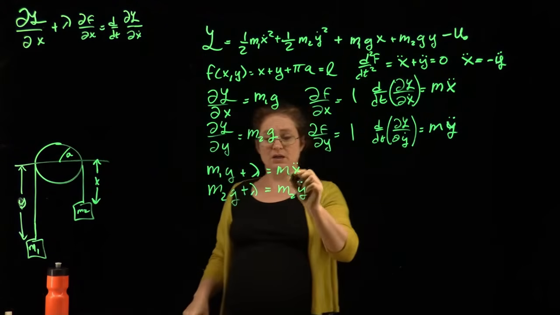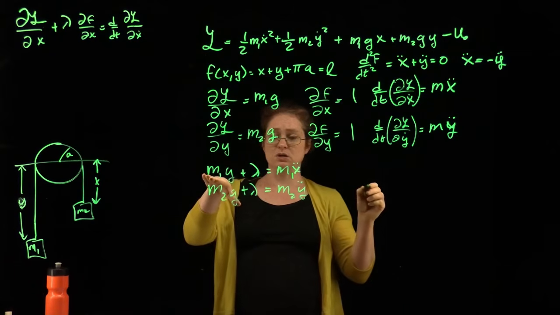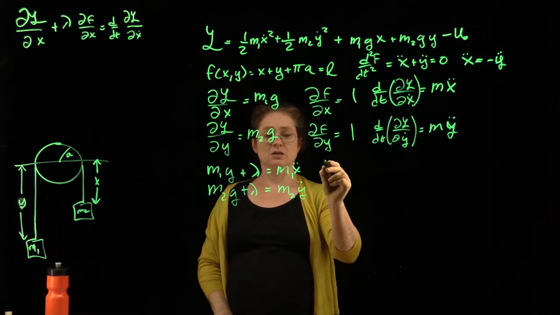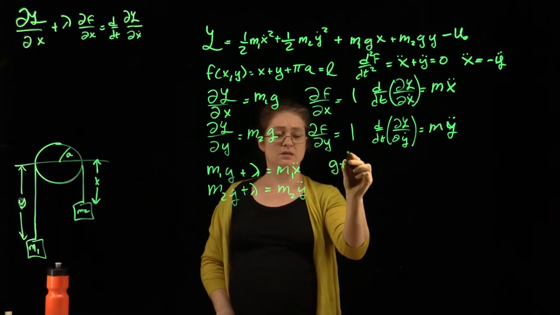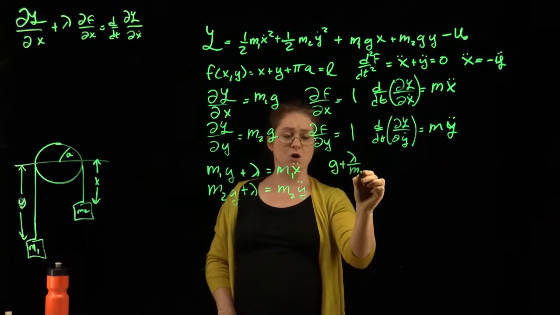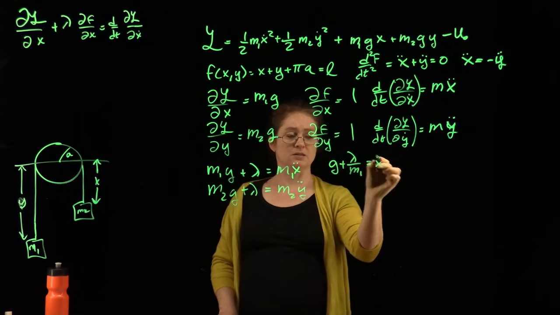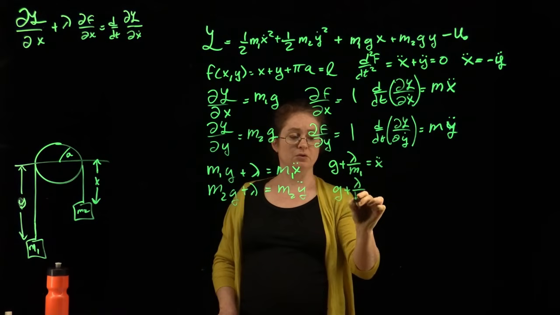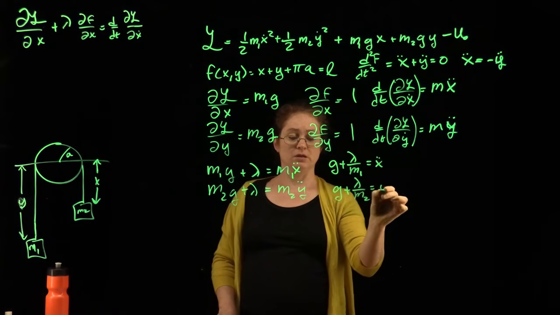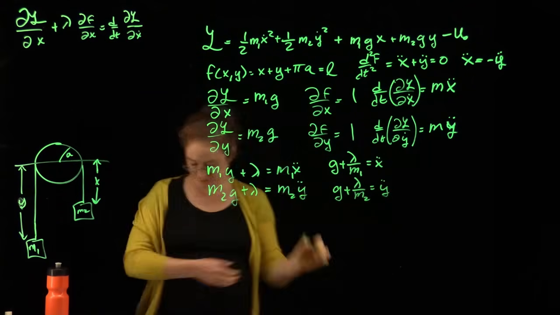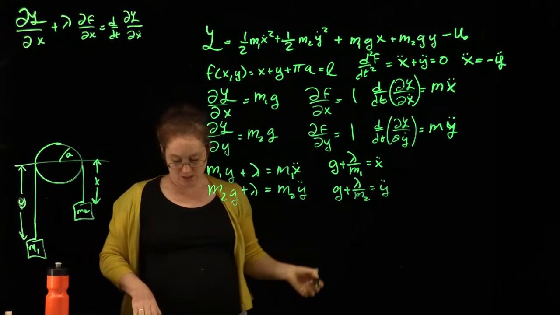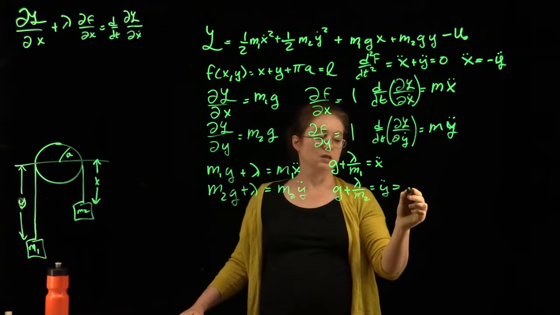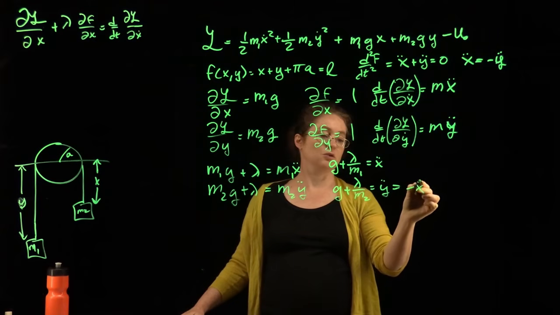Okay, so I am going to rearrange this, and I get g plus lambda over m1 equals x double dot, and g plus lambda over m2 equals y double dot. And this is equal to negative x double dot.